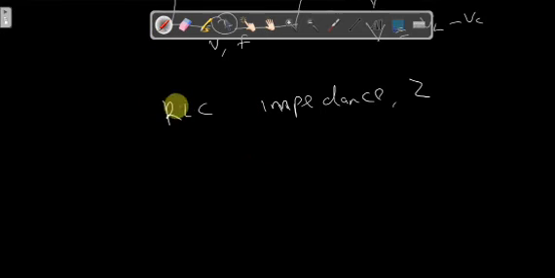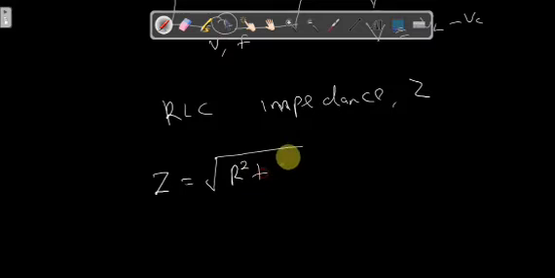I will just give the formulas because of the length of the video. So Z for the RLC circuit is going to be equal to the square root of R squared, the resistance itself, plus XL minus XC all squared.